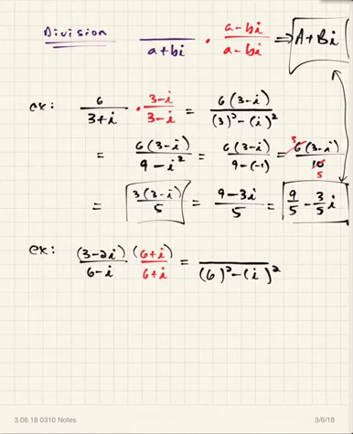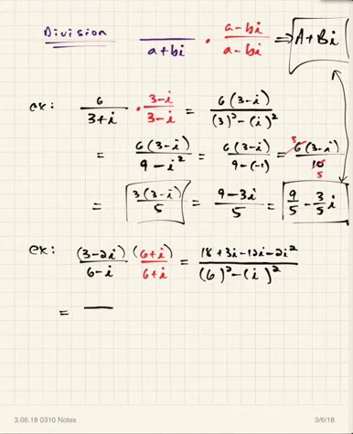Using the FOIL method, you get 18. The outside two would be 3i. The inside two would be negative 12i. And then the last two would be negative 2i squared, because you have an i times an i in that last term. That's all the multiplication.